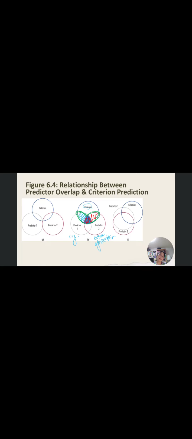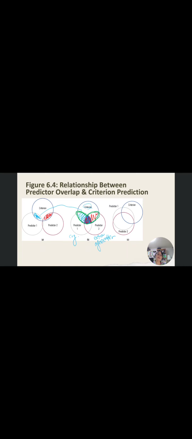So predictor 1 has a relationship with the job performance, but compared to this, it's a lot smaller, right? So I would say it's not really better than the diagram B predictors. Here, predictor 2 has a relationship with the criterion, but it's smaller.